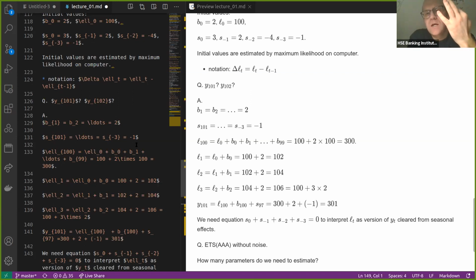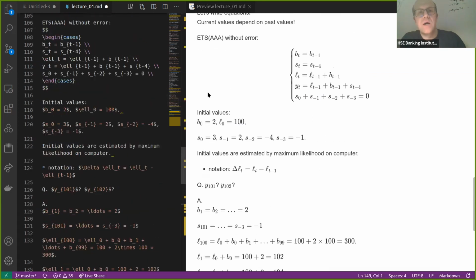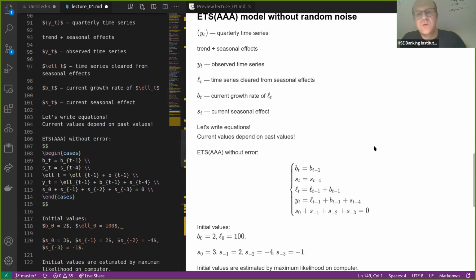B0, L0, S0, S-1, S-2. Do we need to specify S-3, or can it be calculated from equations? Yeah, we have an equation that makes our LT interpretable. So do not forget about the missing equation.